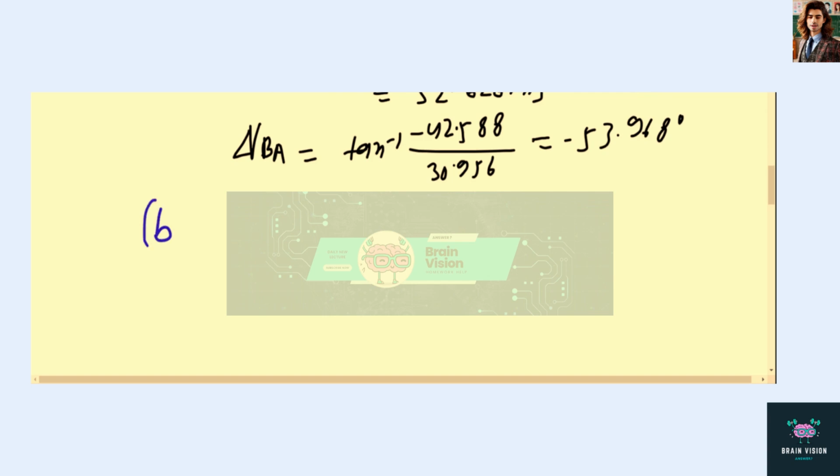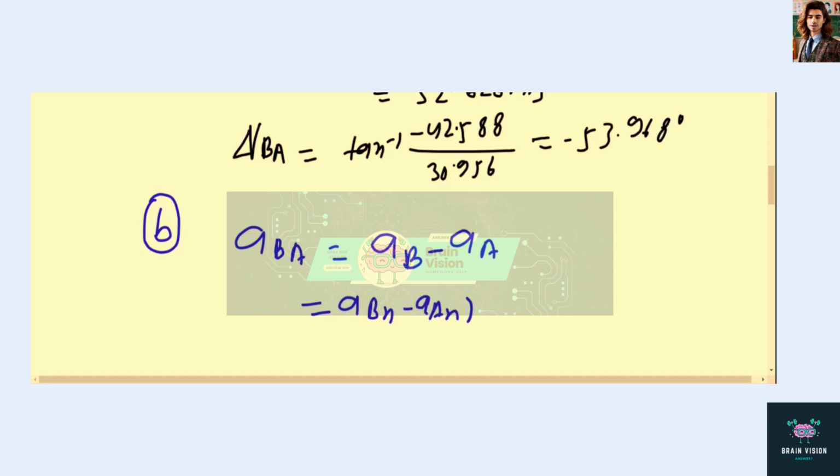Now we will solve the second part, which is the relative acceleration. The relative acceleration ABA will be AB minus AA, which is equal to ABN minus AAN plus AB radial minus AA radial.